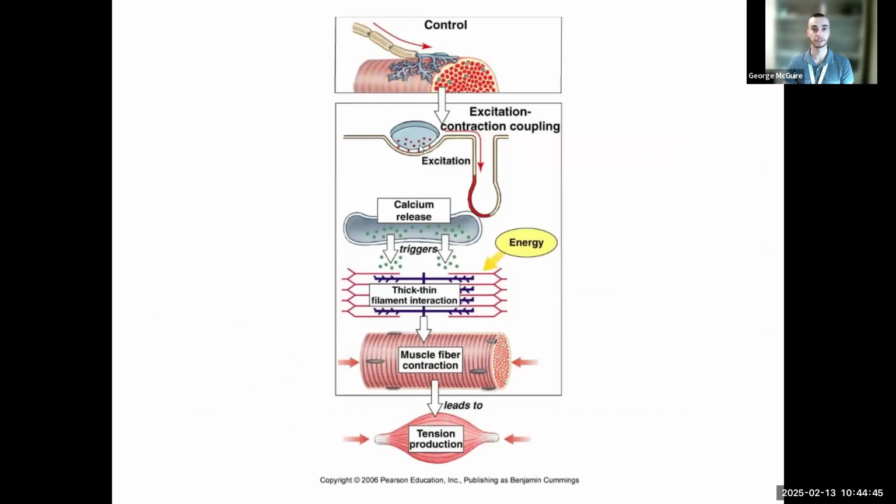So again, as I was describing in the last portion of these recordings, the neuron is going to have an action potential traveling down it that reaches these synapses. We then want to transfer that action potential onto the sarcolemma of the muscle cell so that it can conduct that signal down these T tubules into the cytoplasm of the muscle cell, the sarcoplasm, where it will then stimulate the synaptic terminals of the sarcoplasmic reticulum.